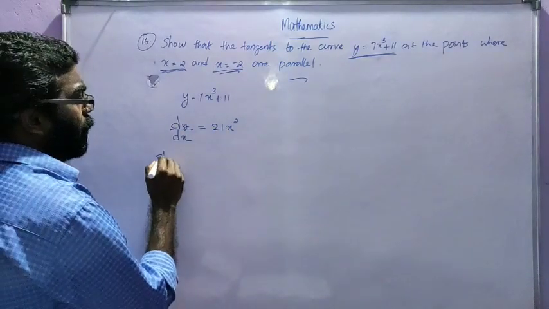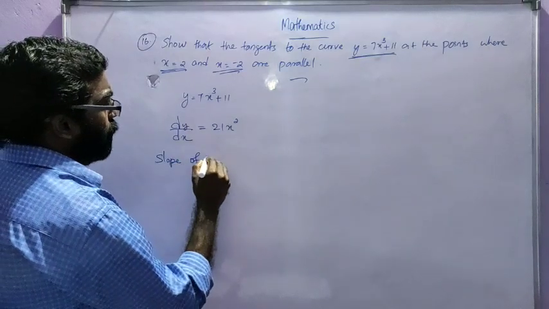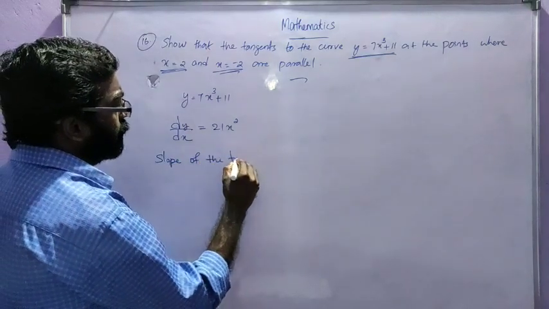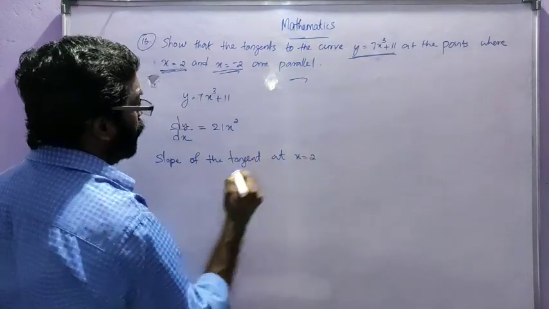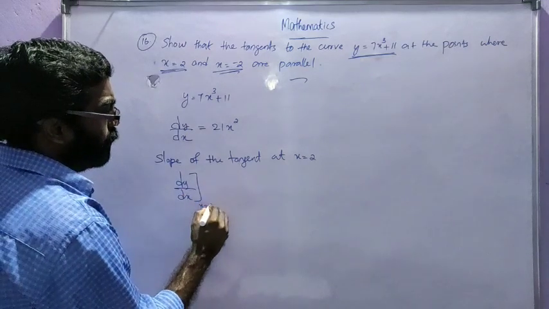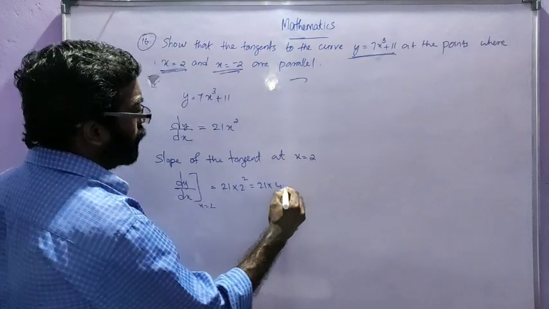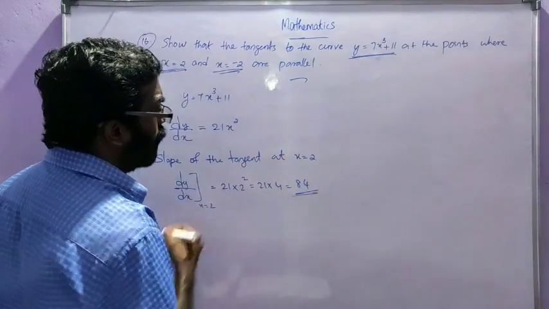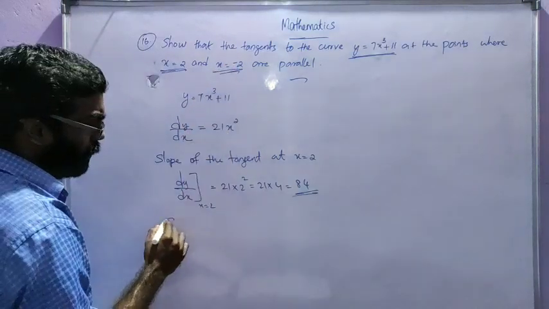Now we can find the slope of the tangent at the particular point. So slope of the tangent at x equal to 2, or we can write dy by dx at x equal to 2, which is equal to 21 into 2 square, that is 21 into 4, which is equal to 84. Okay, similarly we can find the slope of the tangent at x equal to minus 2.